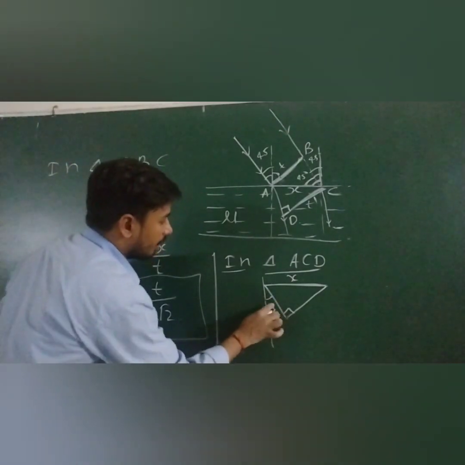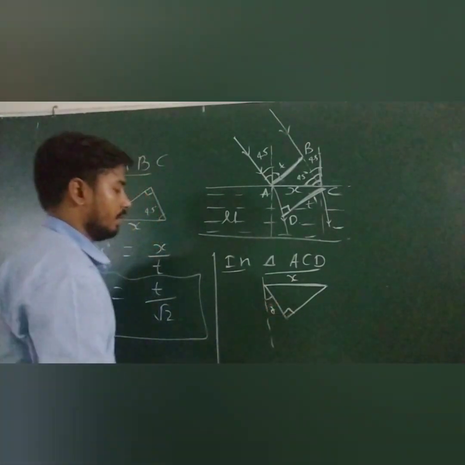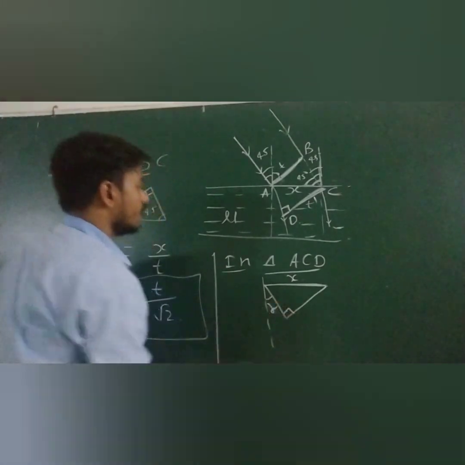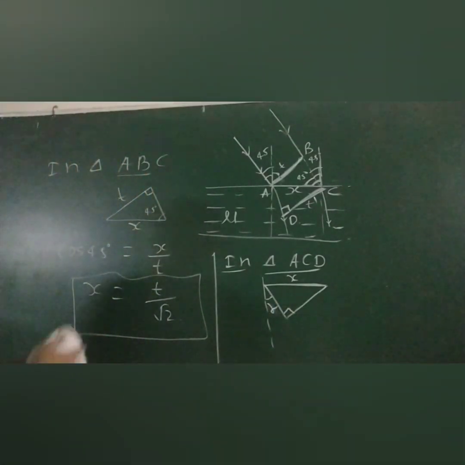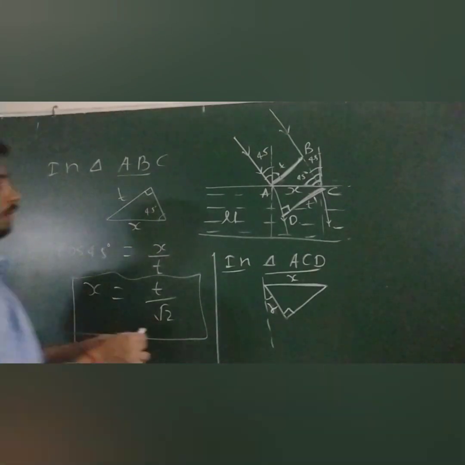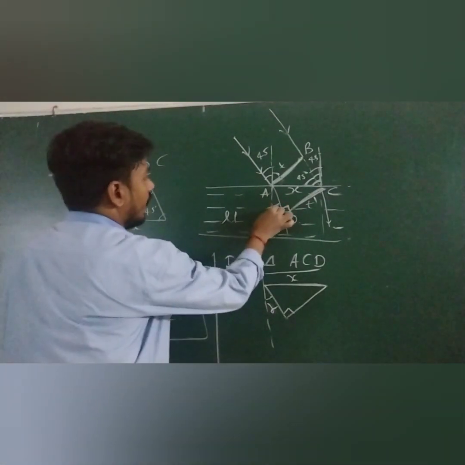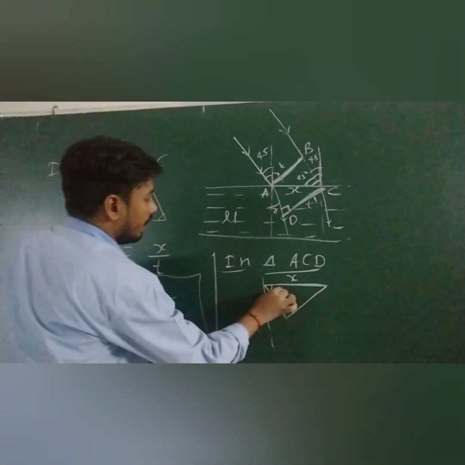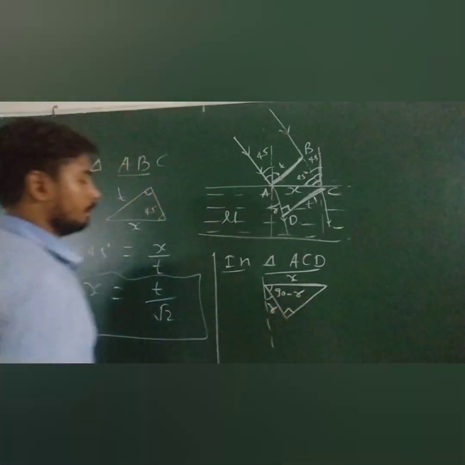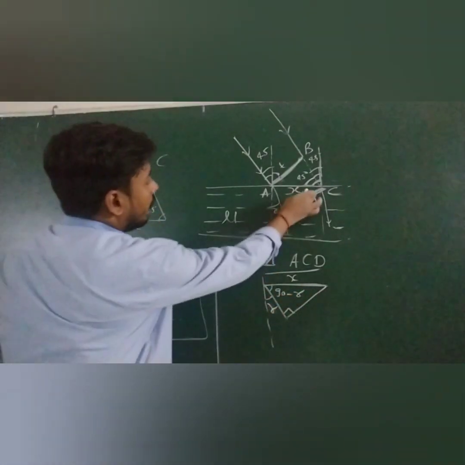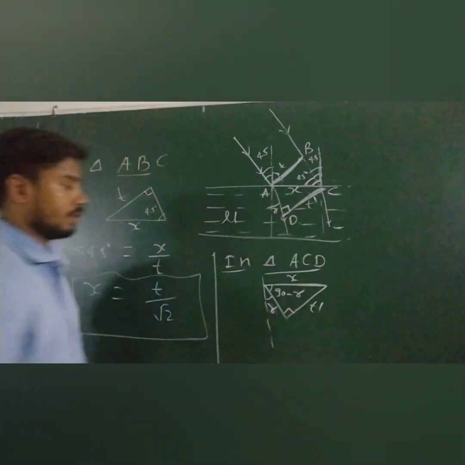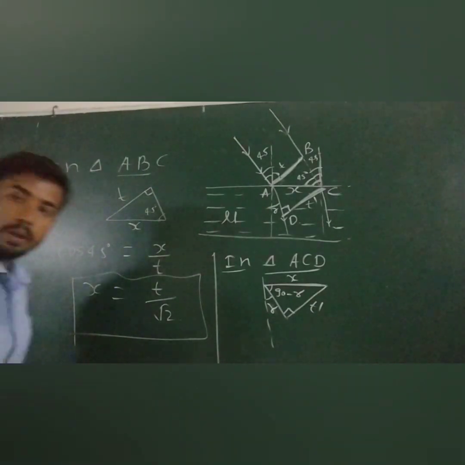Suppose this angle is R. So this angle is 90 minus R. You have to calculate this thickness T dash. Is it visible now?